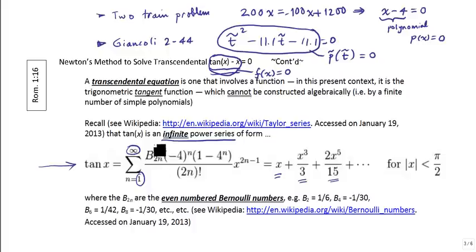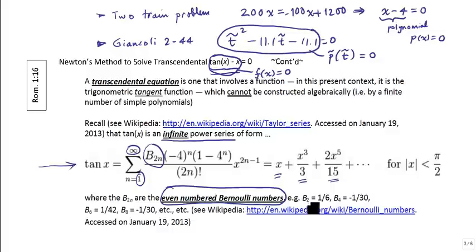In this expression here, you'll notice that we have a term B with a subscript 2n. The B sub 2n terms are the even-numbered Bernoulli numbers. If you take a look at the Wikipedia site that I've listed here, they mention the first 4 even-numbered Bernoulli numbers.